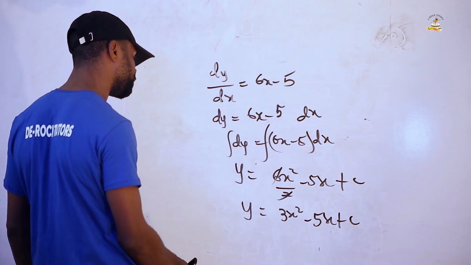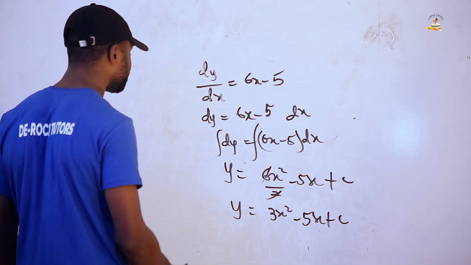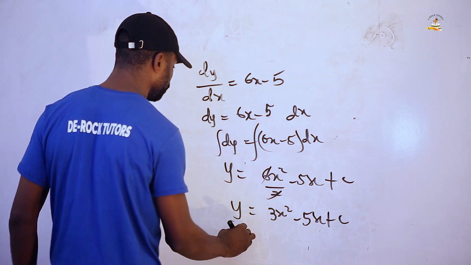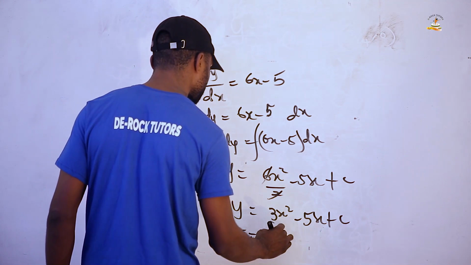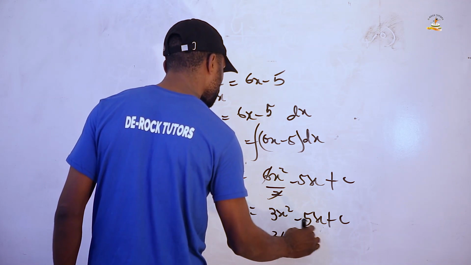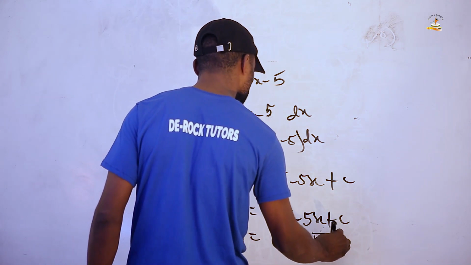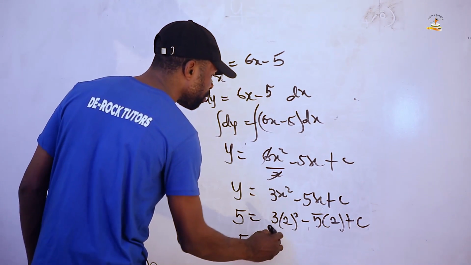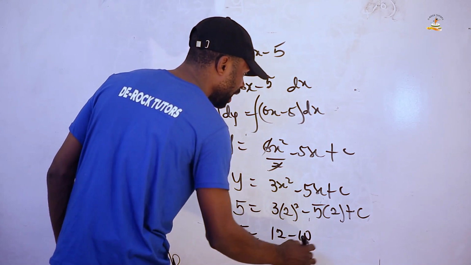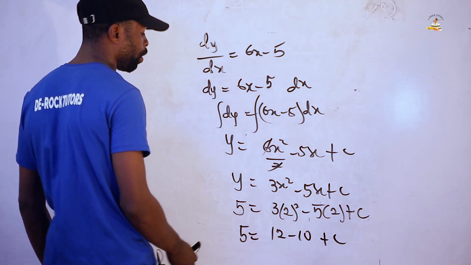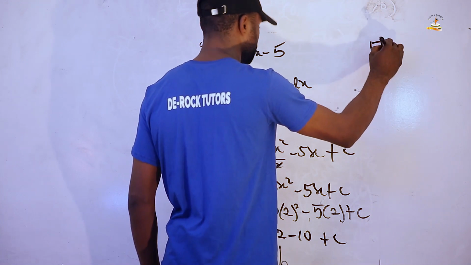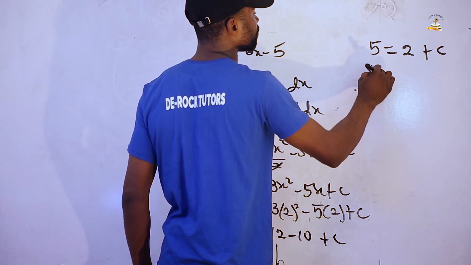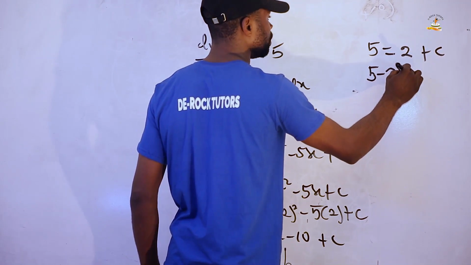We substitute, we put x equal to 2 and y equal to 5. Since it passes through the point, y equal to 5, so 3 into 2 squared minus 5 into 2 plus c. This will give us 5 equal to 12 minus 10 plus c, so we now have 5 equal to 2 plus c. 5 minus 2 equal to c.